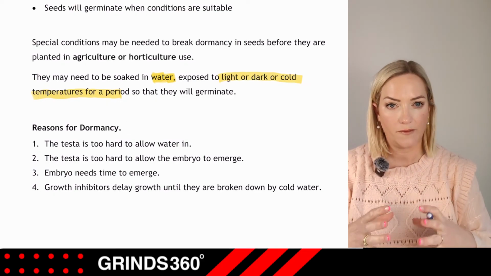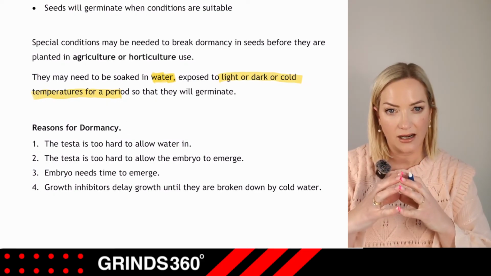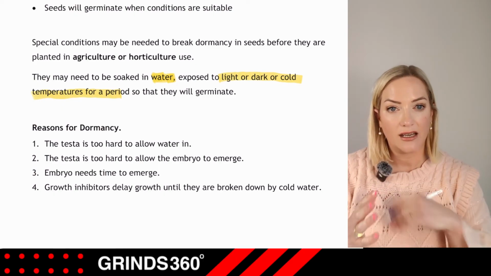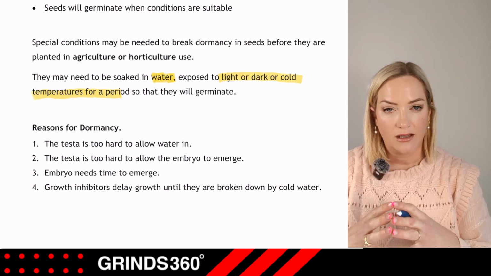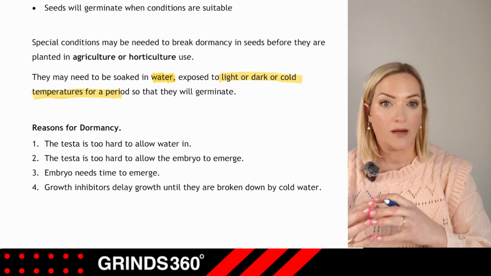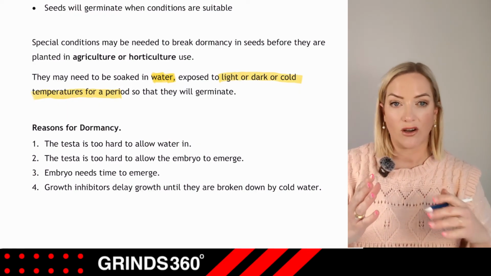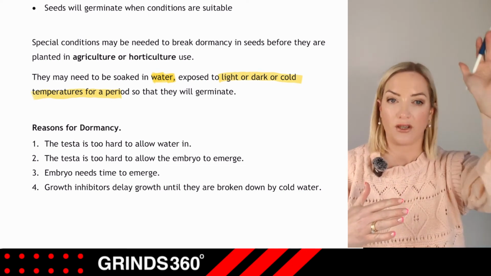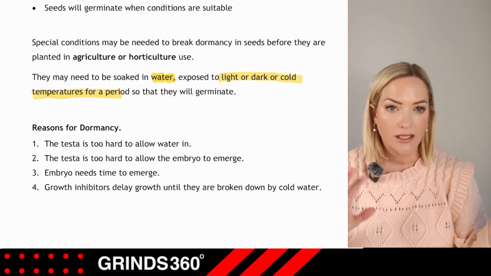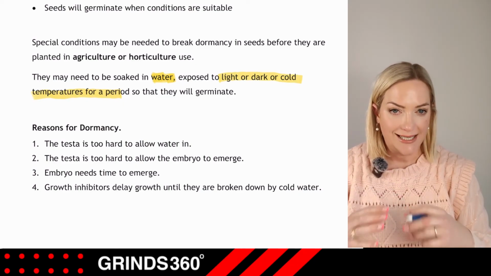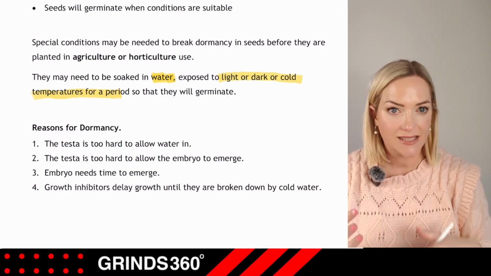If the testa is hard, the embryo cannot get the food from the endosperm to develop and grow. We want the shoot to grow up above the ground. Once it has leaves, it's then going to provide its own food. If we soften the testa, we allow water in, and it activates the enzymes.